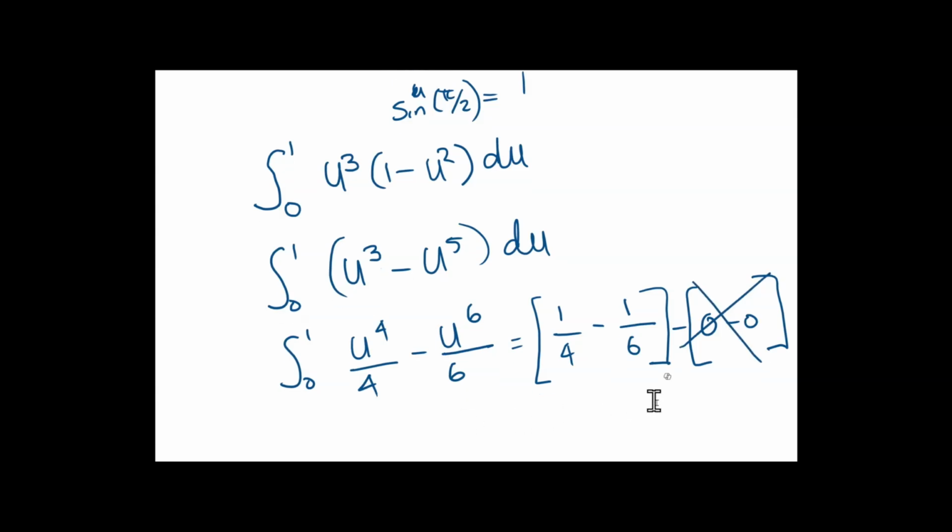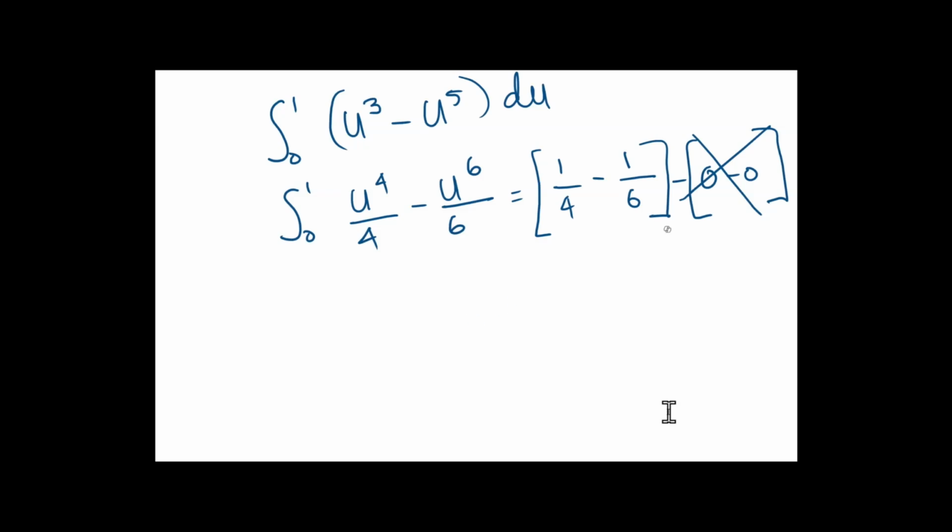Now the answer is 1/4 minus 1/6. So let's put these over a common denominator, so they're all over 12. So it's going to be 3 over 12 minus 2 over 12, which is 1/12.